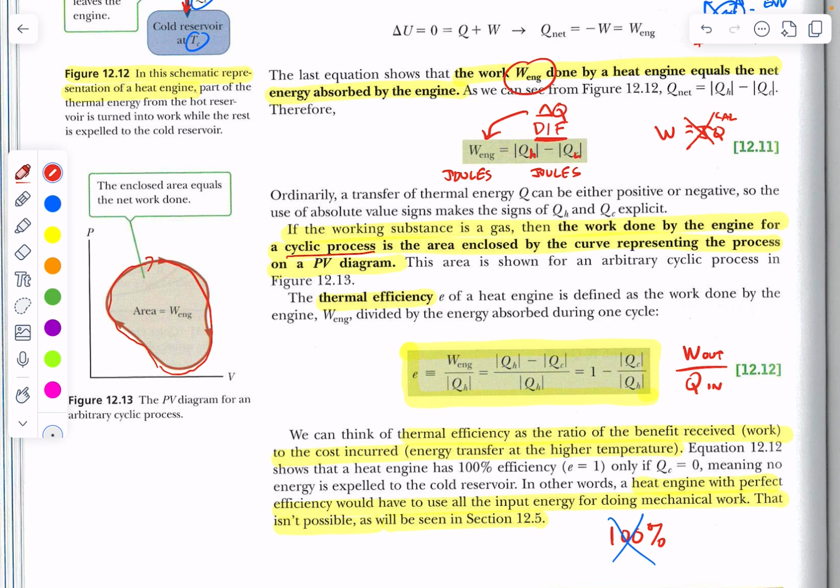The volume of the cylinder that is open and receiving the new fuel, air-gas mixture, for example, is ready to go again. And you can see we fluctuate between a high pressure and a low pressure. We go back and forth between these two pressures. If you think of an internal combustion engine, you have your intake, where the gas-air mixture enters the cylinder while the piston is withdrawn.